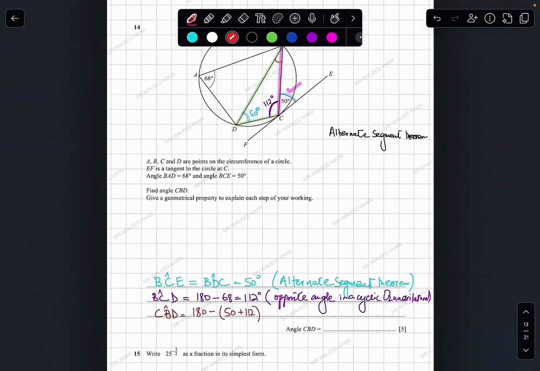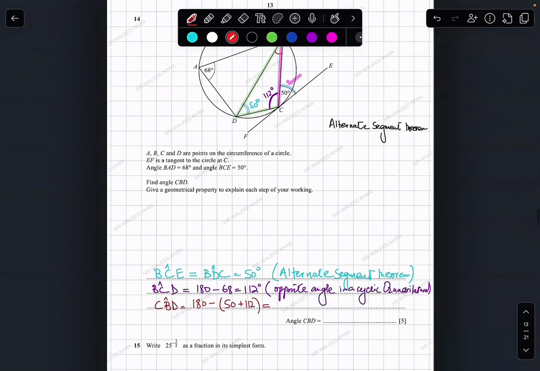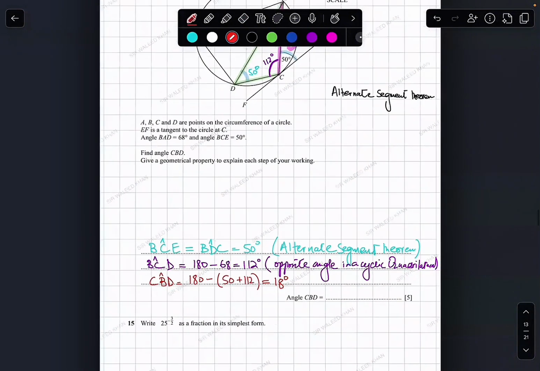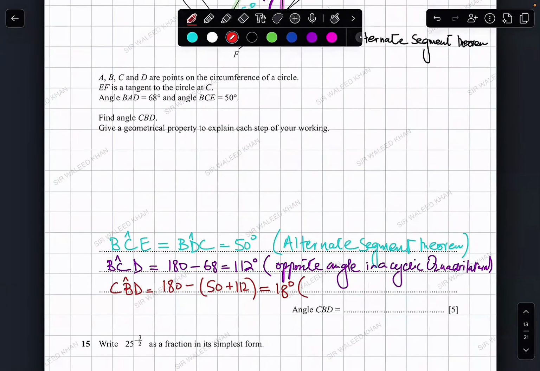Subtract 50 and 112 from 180, you get 18 degrees. Why? Because this is the third angle in a triangle.